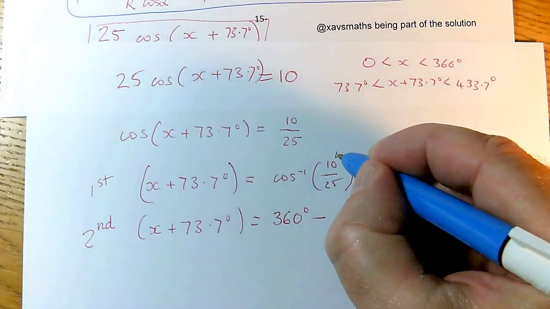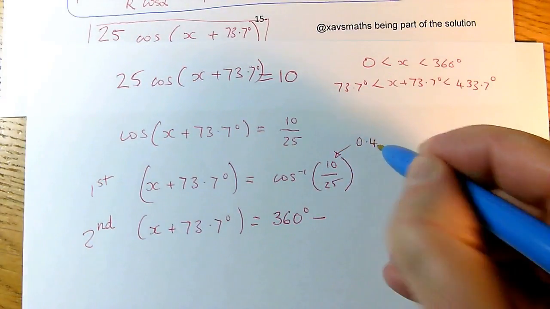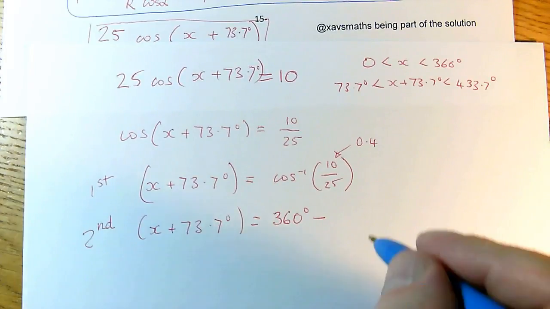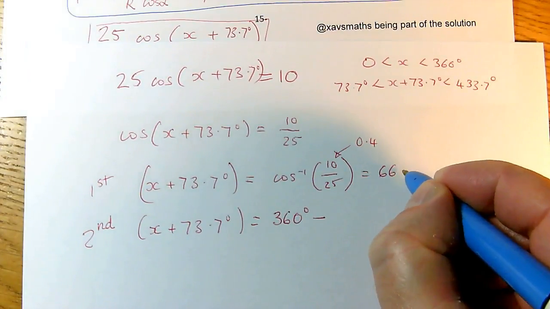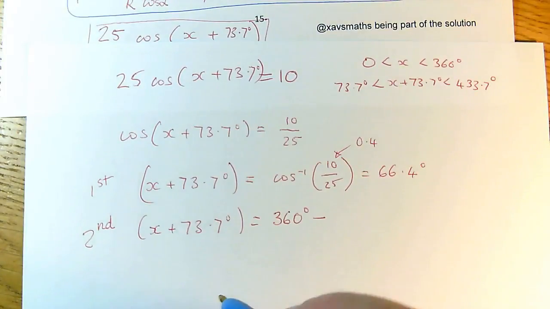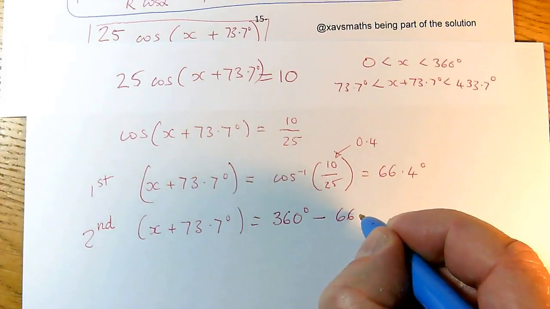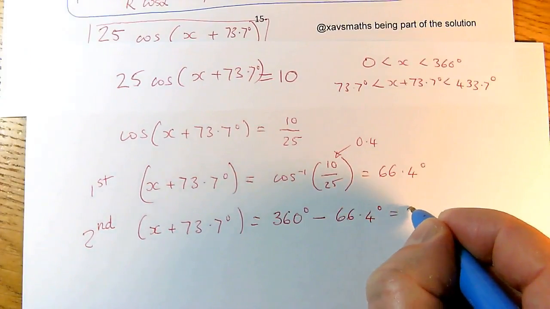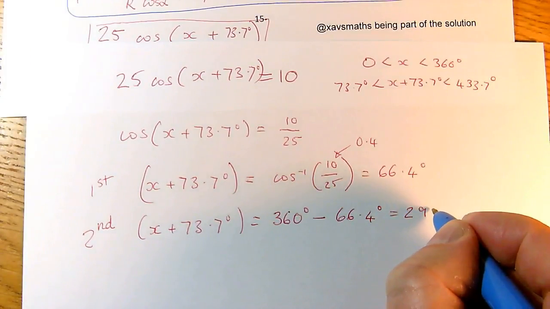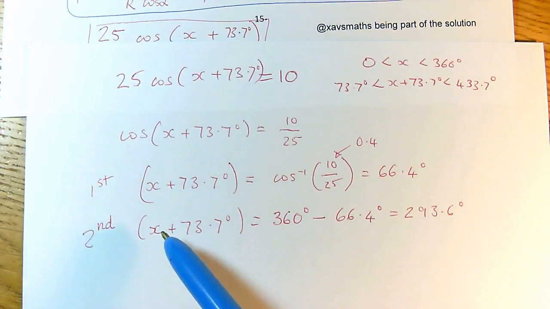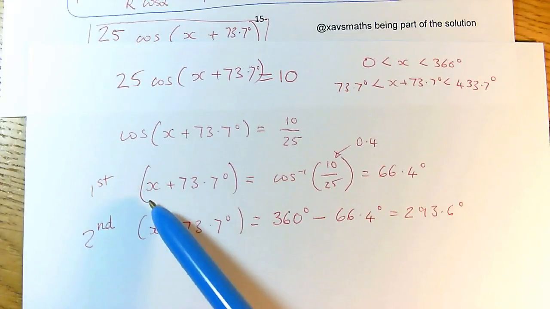Of course, 10 over 25 is 0.4. Okay, it's a simple fraction, 2/5. The answer is 66.4 degrees. So my second solution for the bracket is 360 degrees minus 66.4 degrees, which is 293.6 degrees.